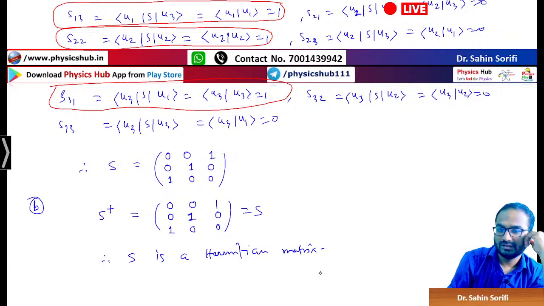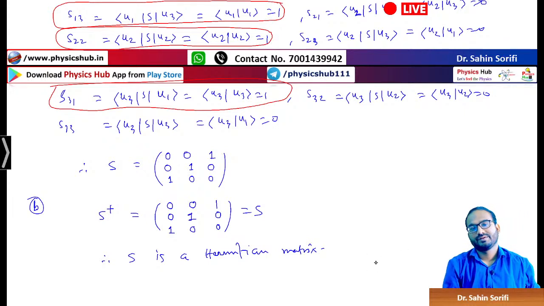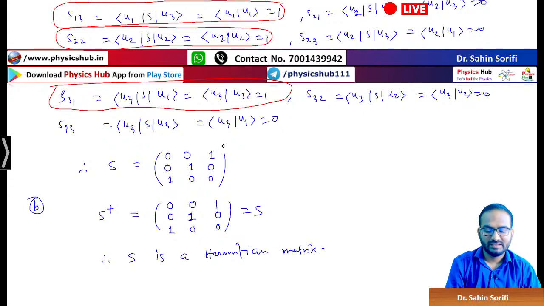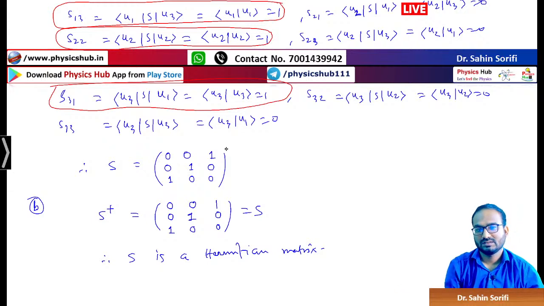Yes, it is called anti-diagonal or secondary diagonal. Okay, this is the primary diagonal, the principal diagonal. This is the secondary diagonal, also known as anti-diagonal. Yes, anti-diagonal is a thing.